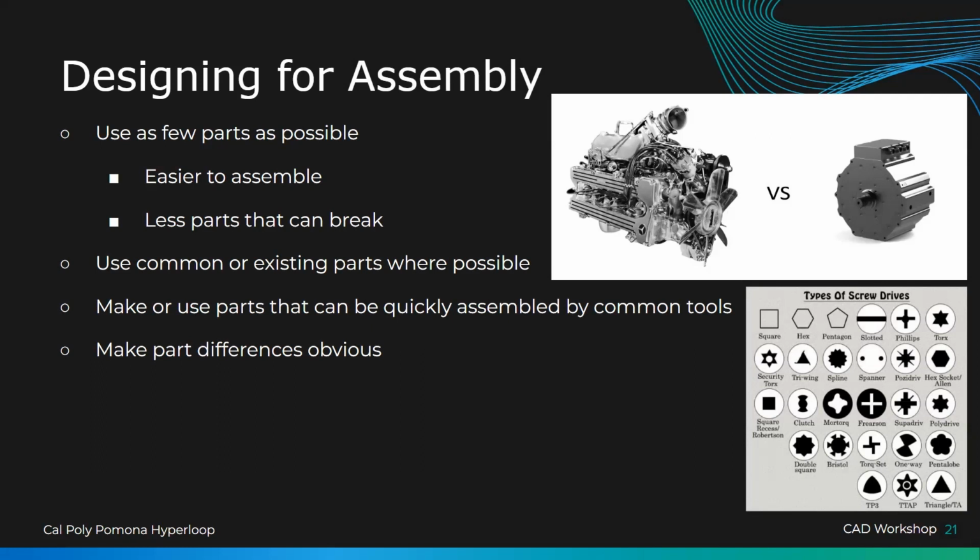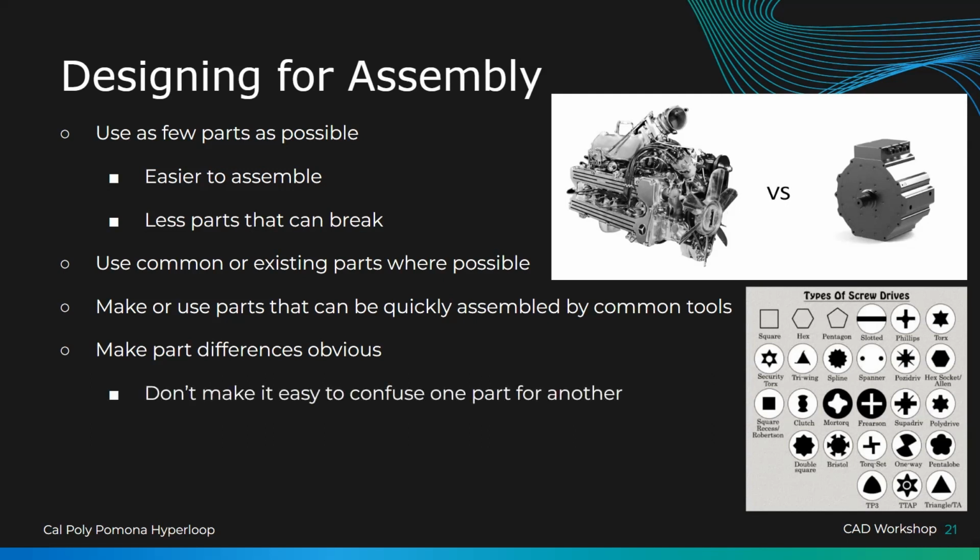But if you're designing something at home, don't make your own screws. Just buy the screws that exist. If you're making a consumer product, use the screws that everyone has the tools to assemble and disassemble. This is probably common sense, but I feel the need to reiterate it: just use common screws and tools and all that kind of stuff.